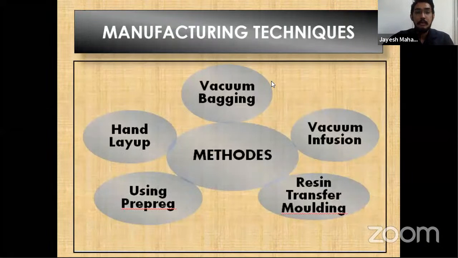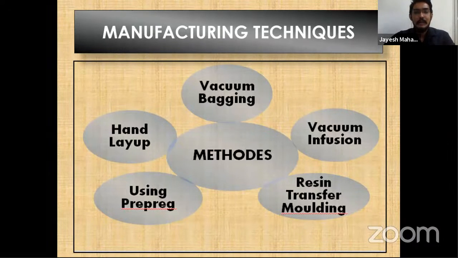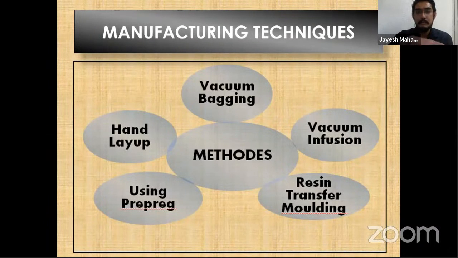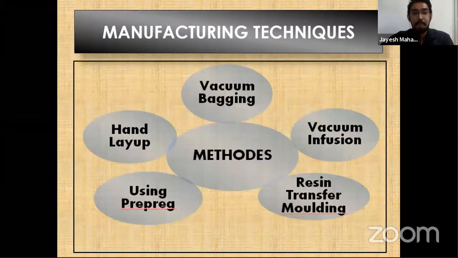Now, coming to the manufacturing techniques, you must all know methods like hand layup, vacuum bagging, and vacuum infusion. Vacuum bagging is just an advanced step of hand layup, where you create a bag and use vacuum to apply similar pressure all across the component, taking excess resin out of the system.